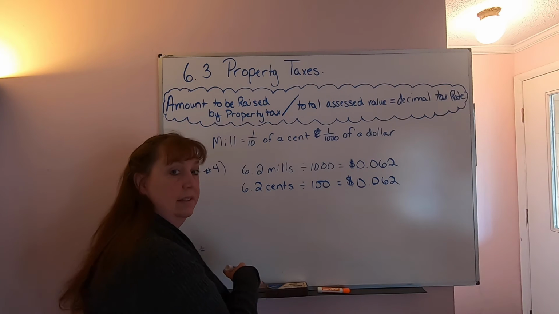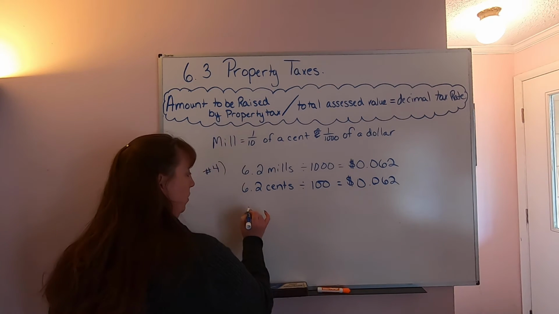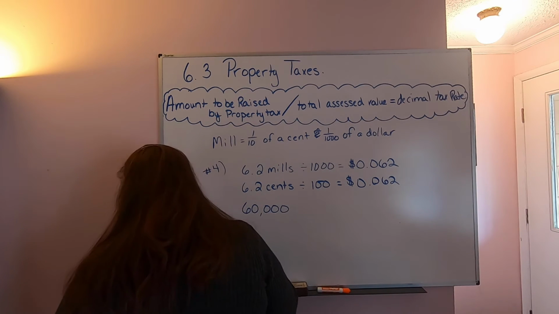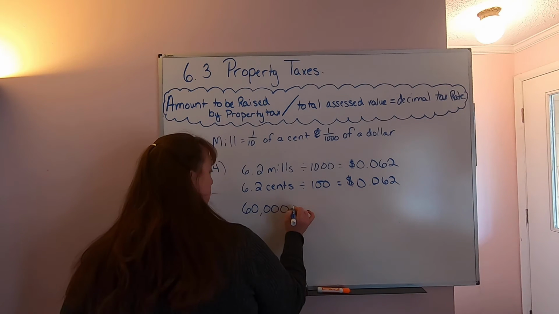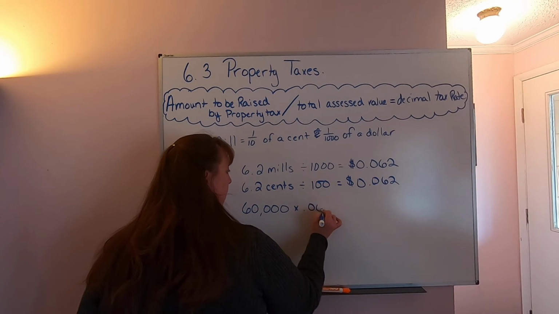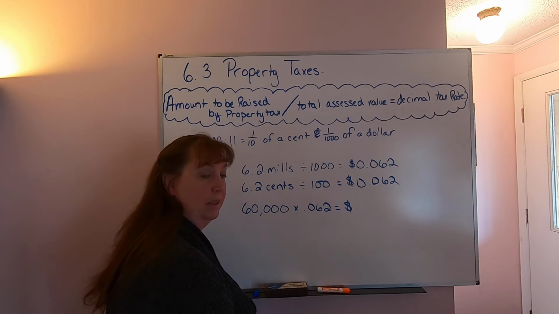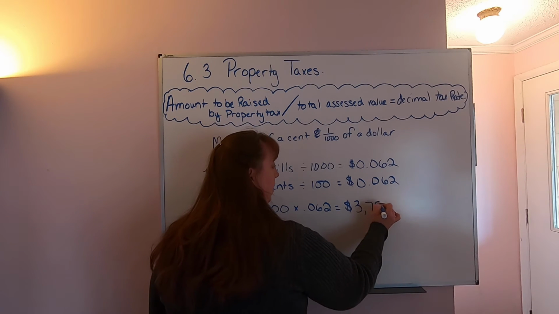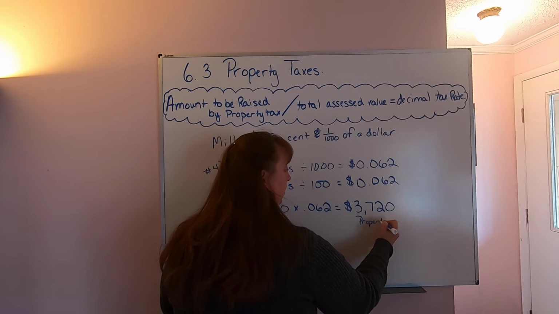And remember, the Watson family's house is assessed for $60,000, so you take the $60,000 and you're going to times it by, these are the same number, so times it by 0.062, and you're going to get the same property tax of $3,720 in property tax.